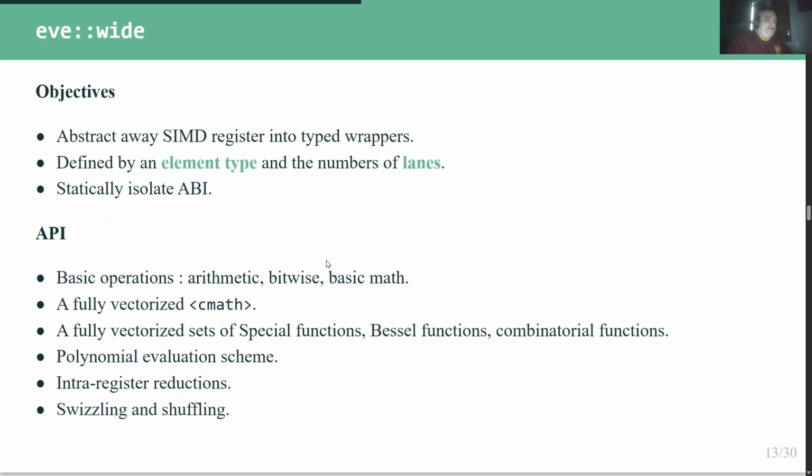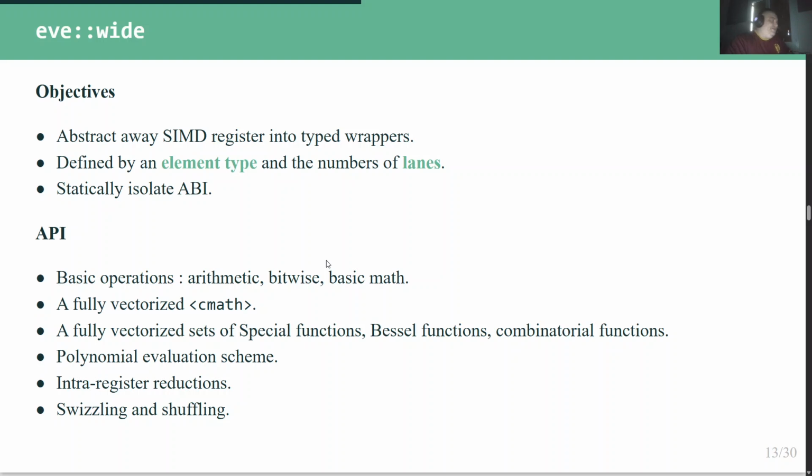Wide is a type that abstracts away a single register by taking a type and an optional number of lanes, and turns that into the best single register we can have to do operations on. We also have a compile-time system that isolates those variations so you cannot mix up bad binaries one with another.